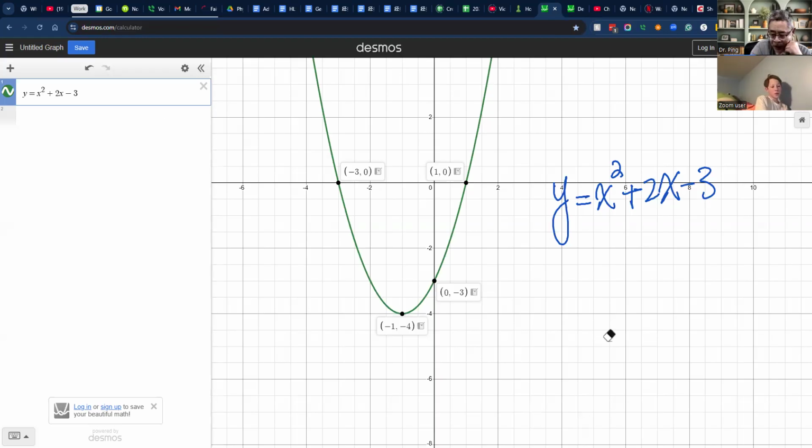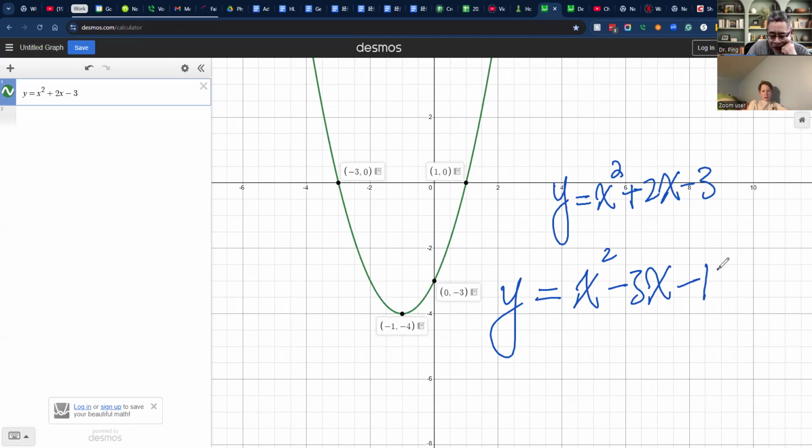Okay, let's try a different one: y equals x squared minus 3x minus 10.